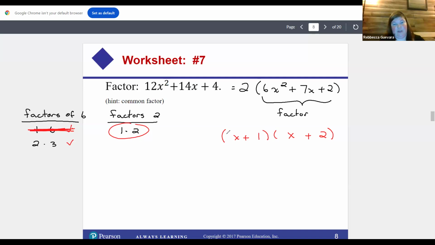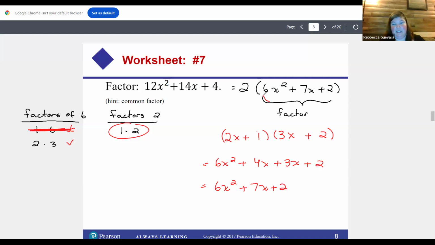All right, so let's put 2 here, 3 here. So 2x times 3x, 6x squared. 2x times 2, 4x. 1 times 3x is 3x. 1 times 2 is 2. So I'm going to get 6x squared plus 7x plus 2.